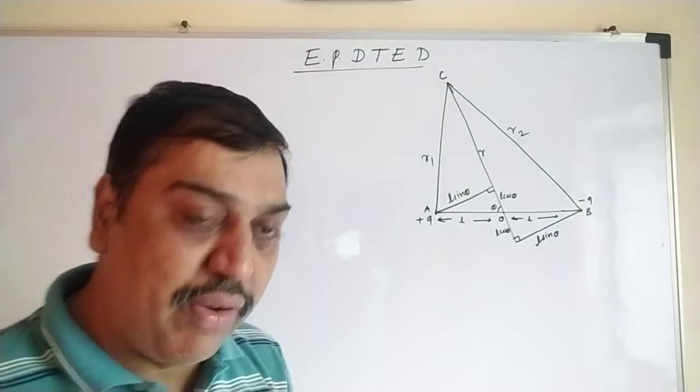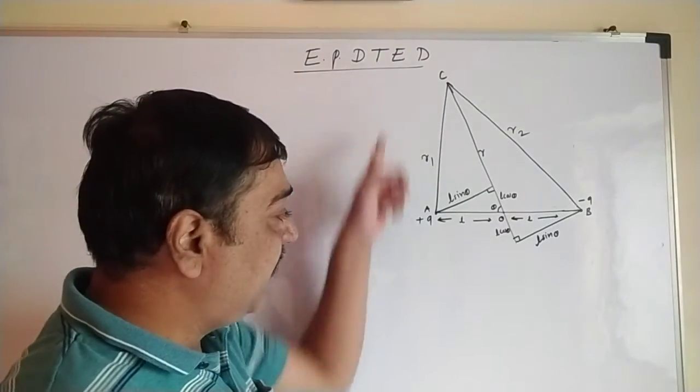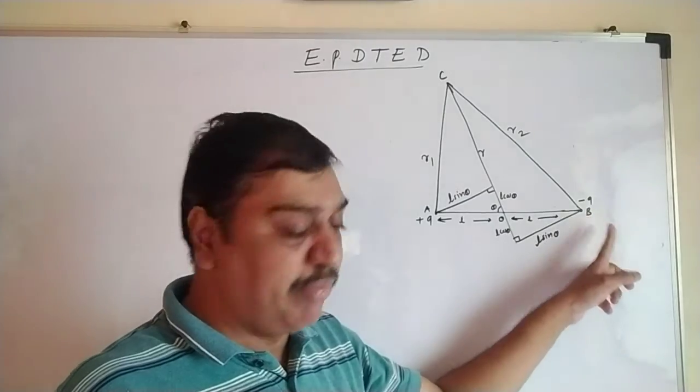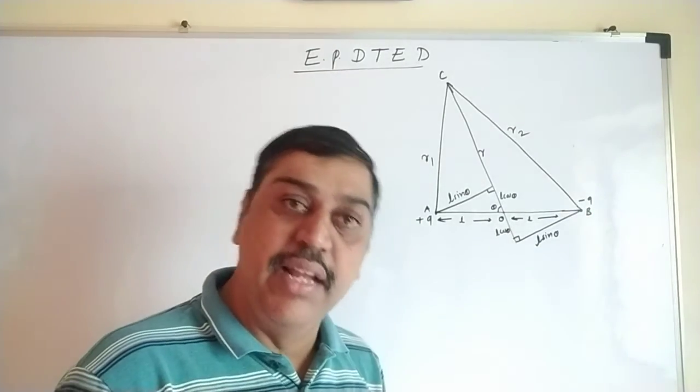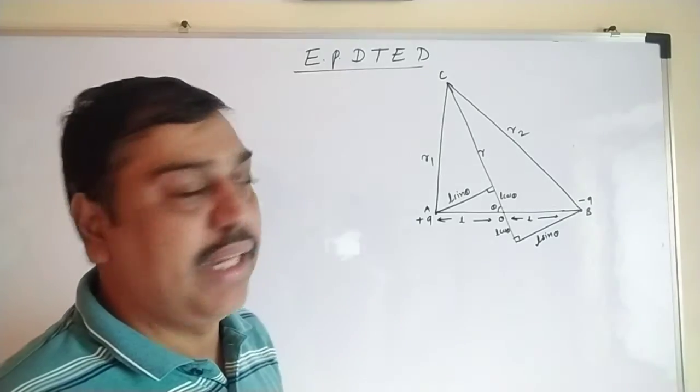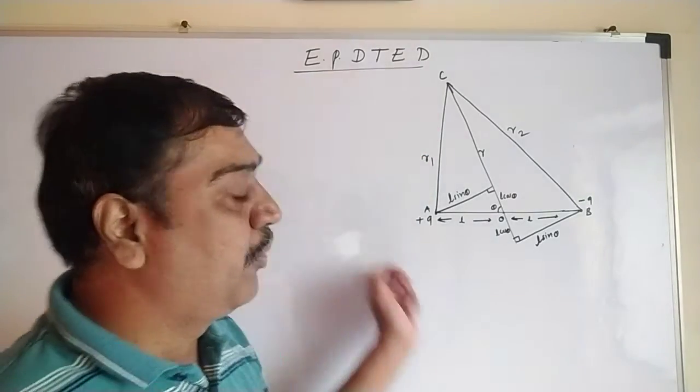Now we want to find the electric potential at point C due to charge plus Q. We will write it down first, then due to charge minus Q, and finally we will add these two potentials, which will give the electric potential at point C due to this dipole.